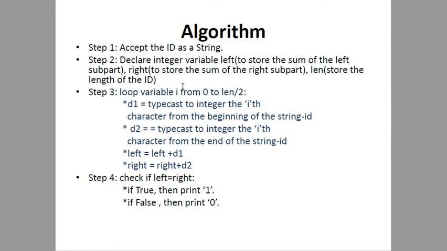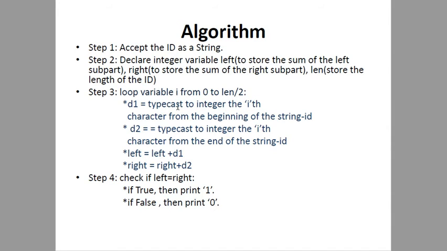Since this is a string, each digit is represented as a character, so we need to change the character to an integer. So we typecast the ith character to an integer.